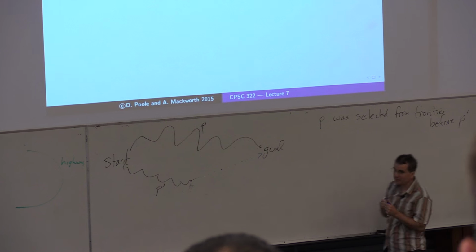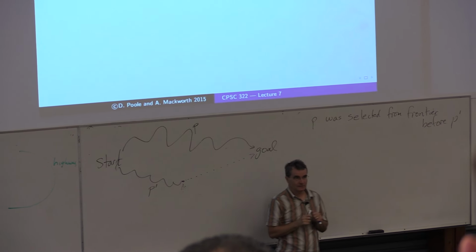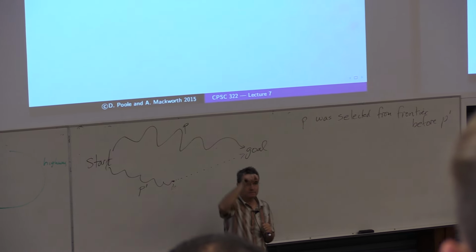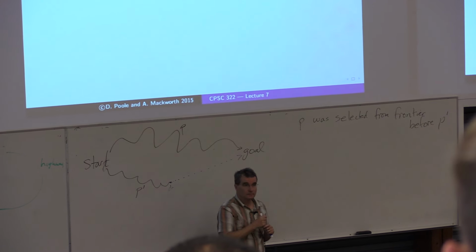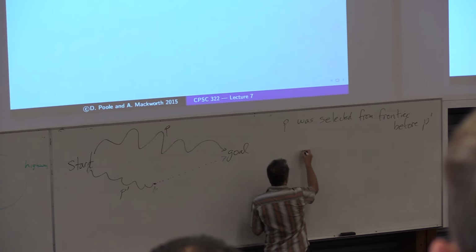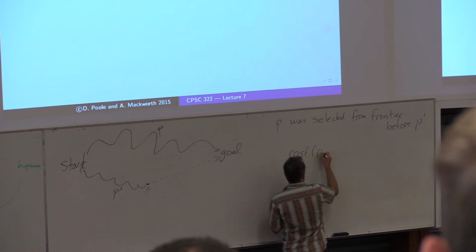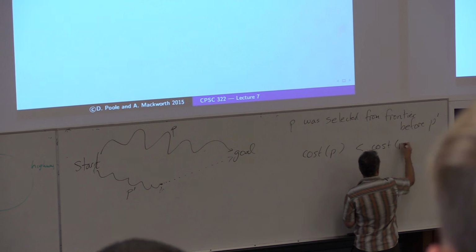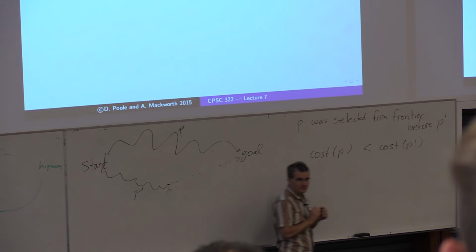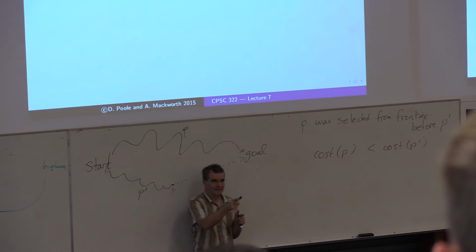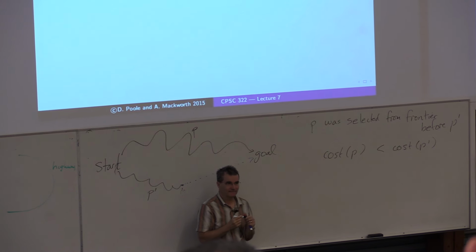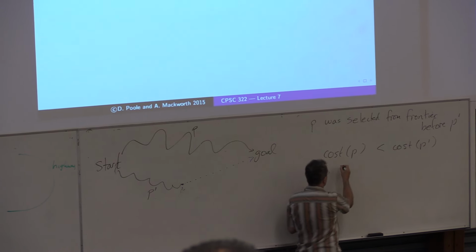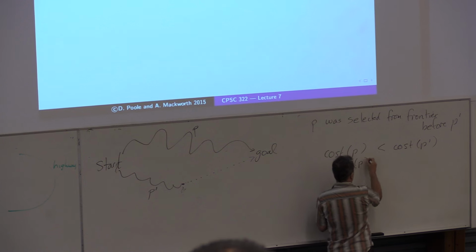Why would that happen? Student: The cost of P is less than the cost of P prime. Is that right? Yeah. The cost of P plus the heuristic of P is less than the cost of P prime plus the heuristic of P prime. Right.